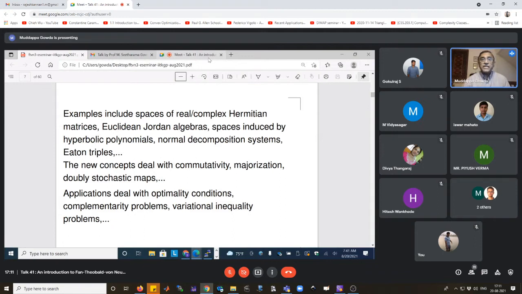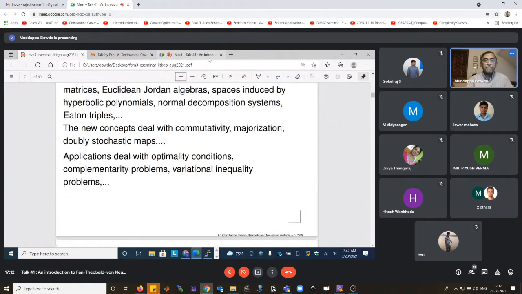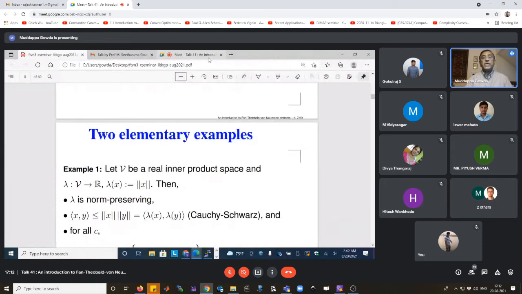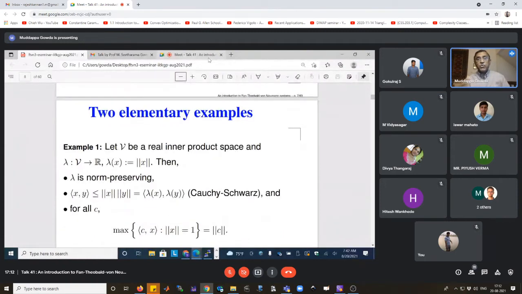Also, spaces induced by certain hyperbolic polynomials, normal decomposition systems, Eaton triples, etc. The new concepts deal with commutativity, majorization, doubly stochastic maps, and all that. And of course, I'll mention applications that deal with optimality conditions, complementarity problems, variational inequality problems, and so on.